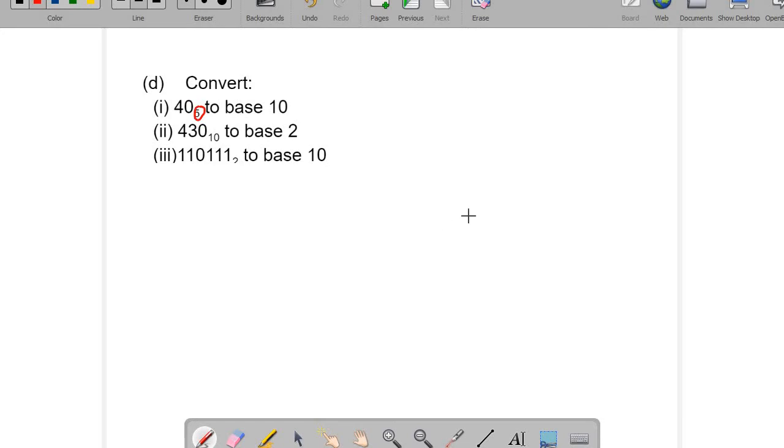Whatever number-based system you're converting from, you're going to be writing the powers for that number. So if you're converting from base 5, you're going to write the powers of 5. If you're converting a number from base 2 or binary, you're going to be writing the powers of 2. Okay, so since this is base 5, we're going to start writing the powers of 5.